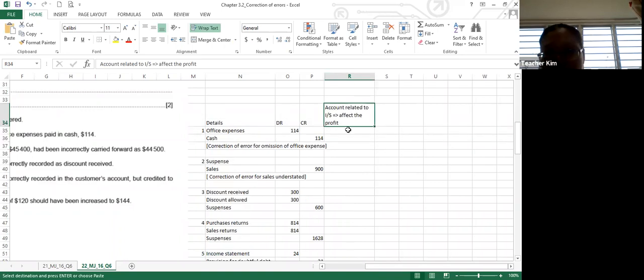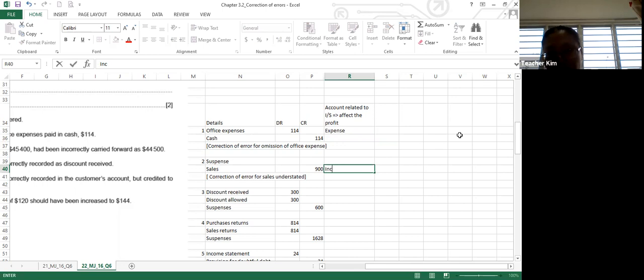So those accounts affecting, for example, this one, this is the expenses. So affecting, and then this is the income or revenue. Okay, revenue. This one I forgot to put 900 here. And then this is the other income.